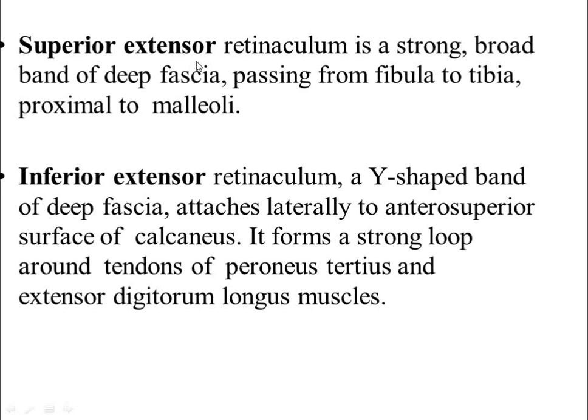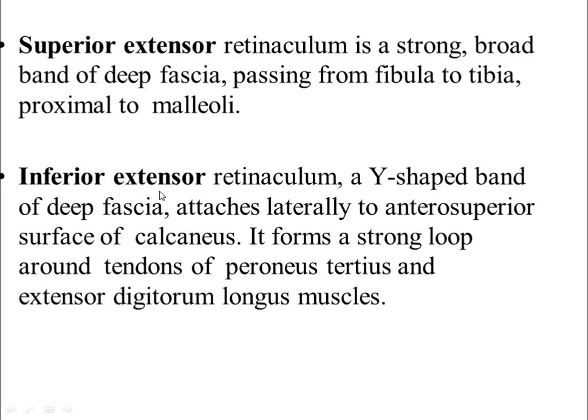The superior extensor retinaculum is a strong band or thickening of deep fascia passing from the lower end of the fibula to the lower end of the tibia, just proximal to the malleoli, that is medial malleolus and lateral malleolus.